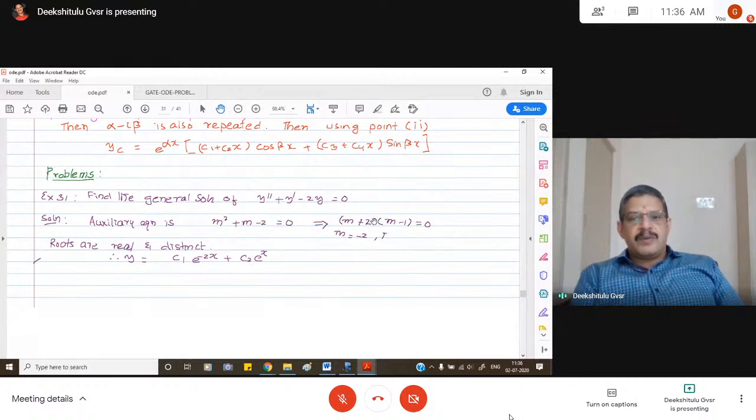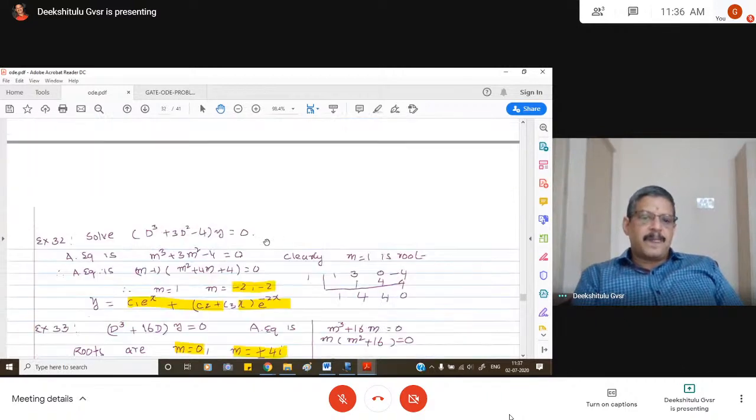If you expand, m^2 + 2m - m, that is m, and 2 into -1 is -2. So the roots are m = -2 and 1. They are real numbers. Are they equal? No, distinct roots. So the complementary function is c1 e^(-2x) + c2 e^x. This is the complementary function.